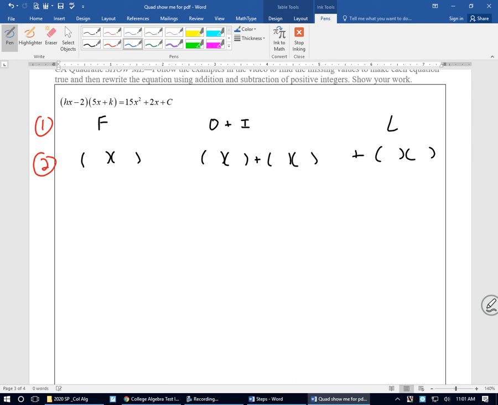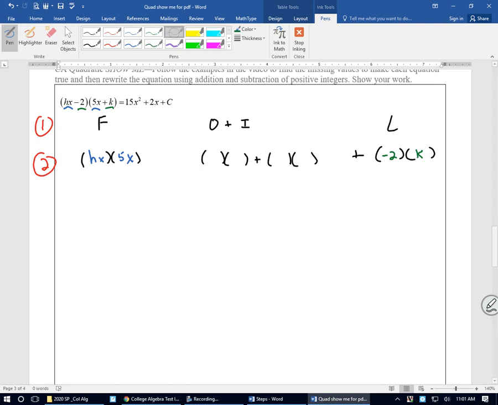Now, the factors for the first are hx and 5x. The factors for the last are -2 and k.